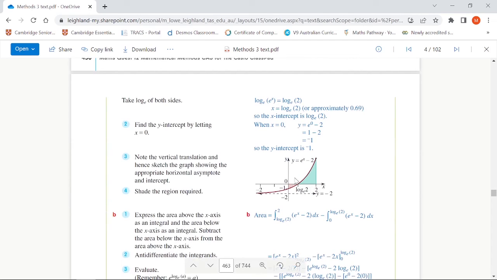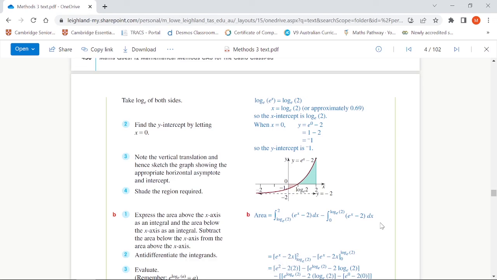We can see we've got area below and above the x-axis. So you're going to find the definite integral from log base e of 2 to 2, listed here first in our integral for the area, and then subtract this negative area from 0 to log of 2, and then work through that problem.